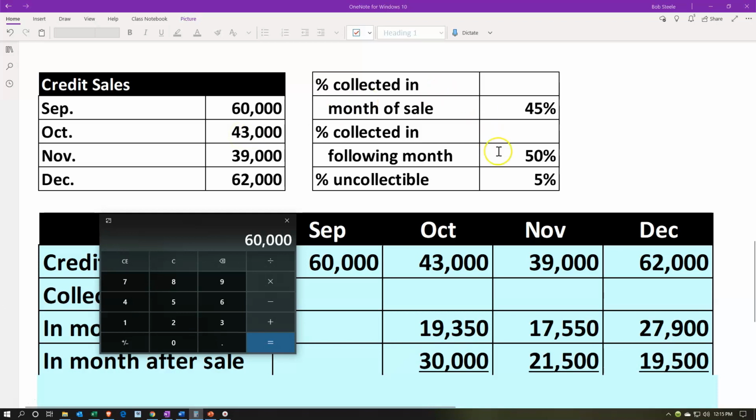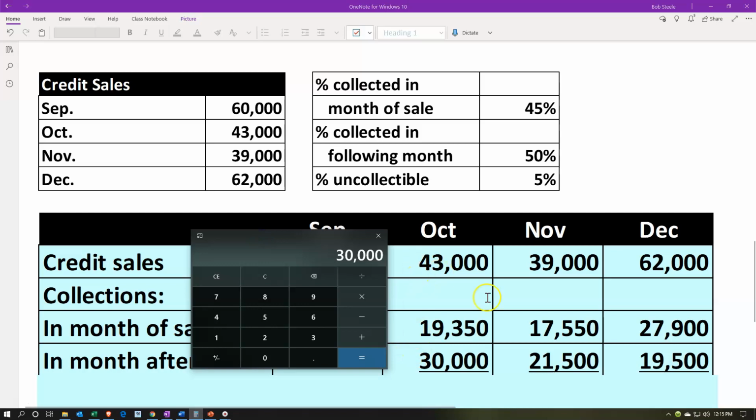So then we're going to be picking up that 60,000 in September times the amount that we're going to collect in the month after, which is 50%. So we're going to say times 0.5, and that's going to give us our 30,000. So that's going to be our 30,000 here. And then the 43, we're looking to calculate this number. So we'd be picking up the 43,000 times 0.5, and that staggers over here to the 21.7.